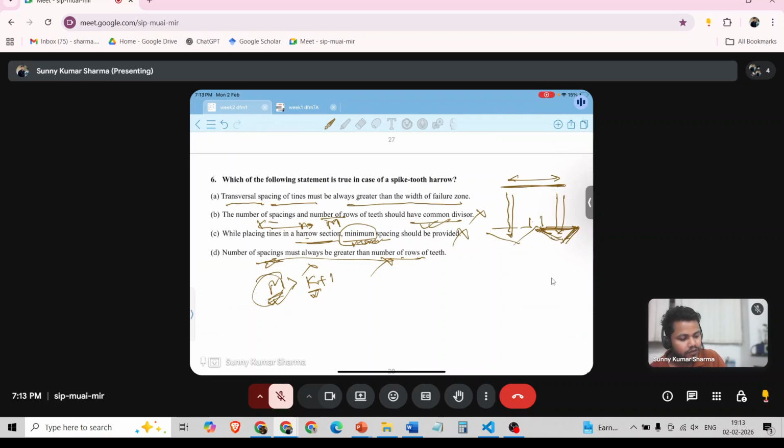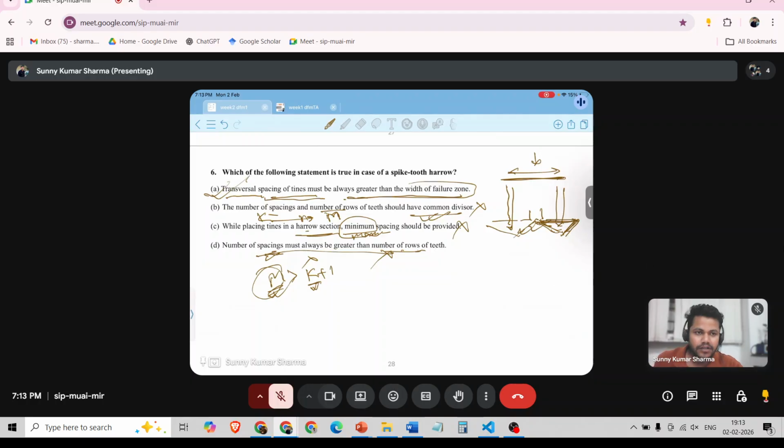One accumulation of soil will be there. It will overlap. One tine will come, second tine will also come, and it will overlap. So the transversal spacing should be greater than width of failure zone. So this statement is correct. Understood?